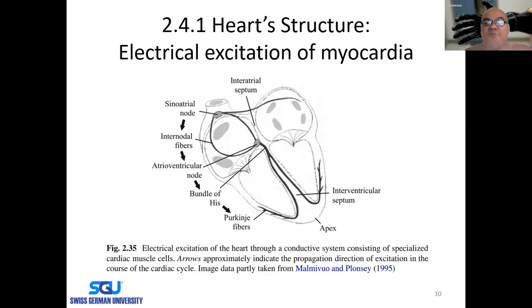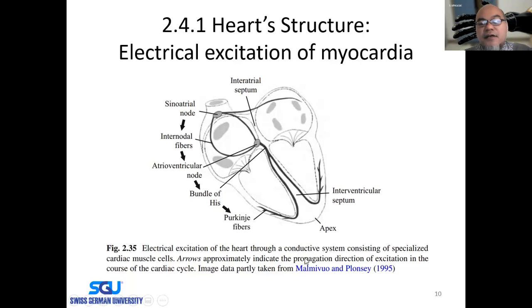This is different, for example, from the muscles in the upper and lower limbs, where we are conscious of them and we can move them based on the command from our brain. The heart, on the other hand, works autonomously and in a rhythm because it has its own electrical network. The electrical excitation is drawn in this figure.